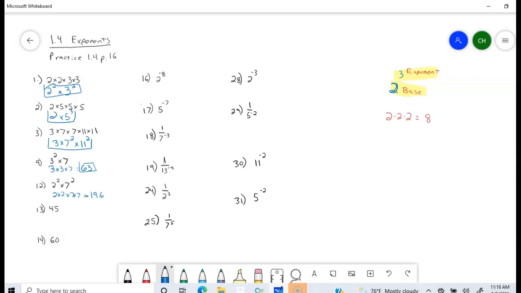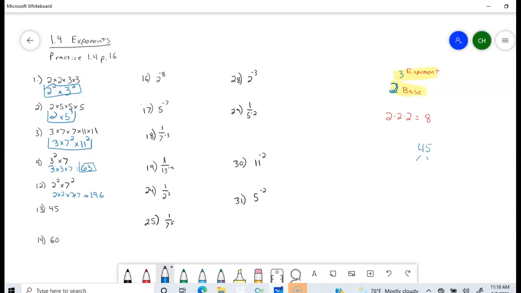Okay, so number 13 wants us to write the prime factorization of each number in exponential form. So the prime factorization of 45, we'll just do it over here so that you can see, we just did this lesson.